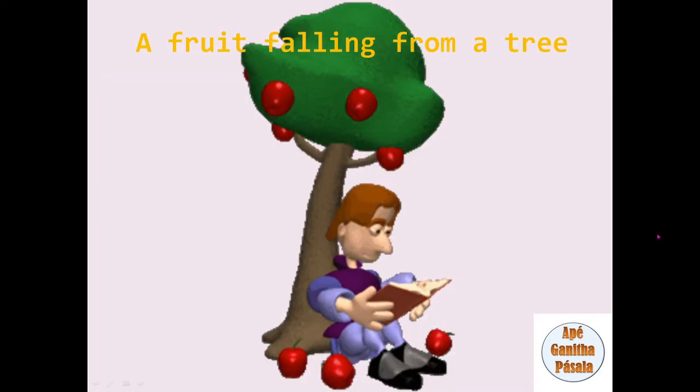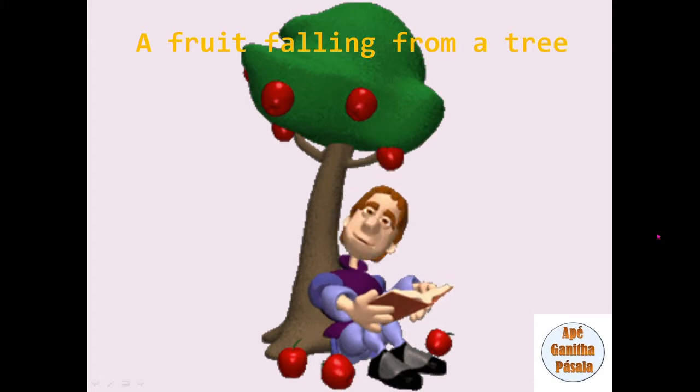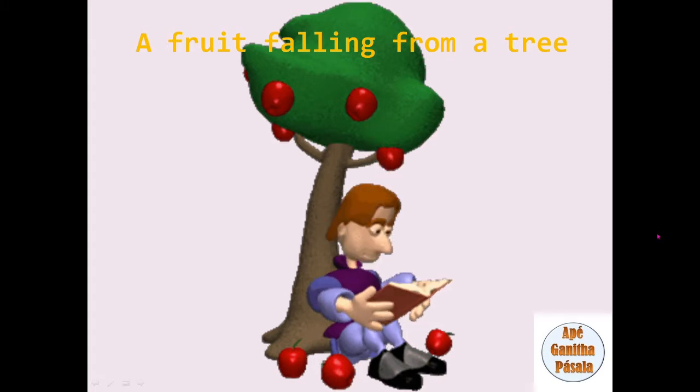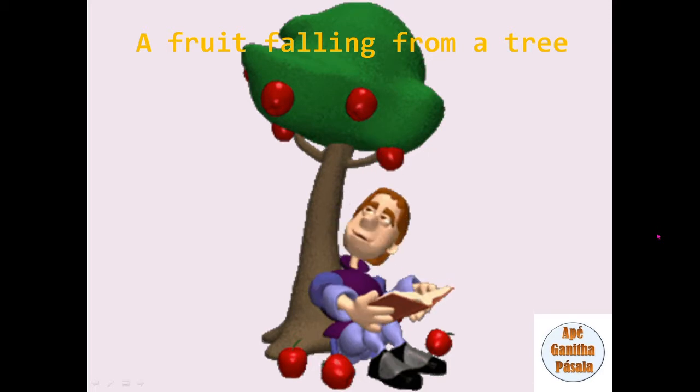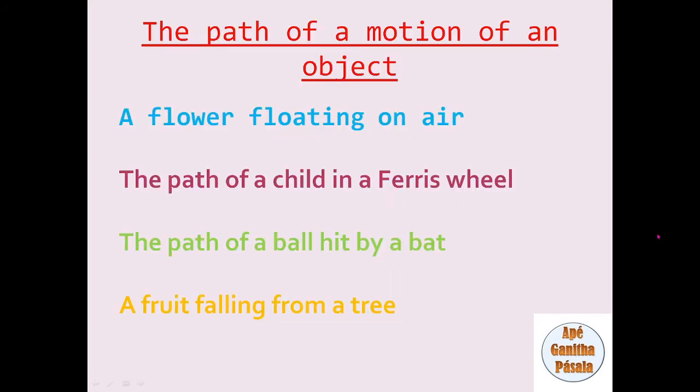A fruit falling from a tree. Can you recall the path of a fruit falling from a tree? So in our day-to-day life, we can recall different paths. There are many examples of the paths of moving objects in our day-to-day life.